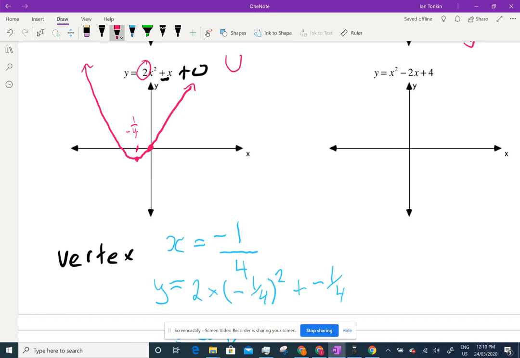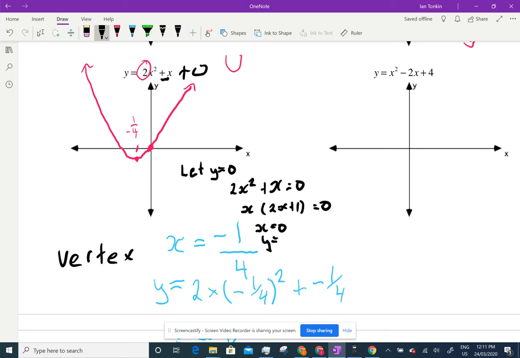But how do I find the roots? Well, to find the roots, we'll let y equals 0, and we get 2x squared plus x equals 0. I factorise out x, and I get x times 2x plus 1 equals 0. That means x equals 0, which we already knew, and we knew y equals 0.